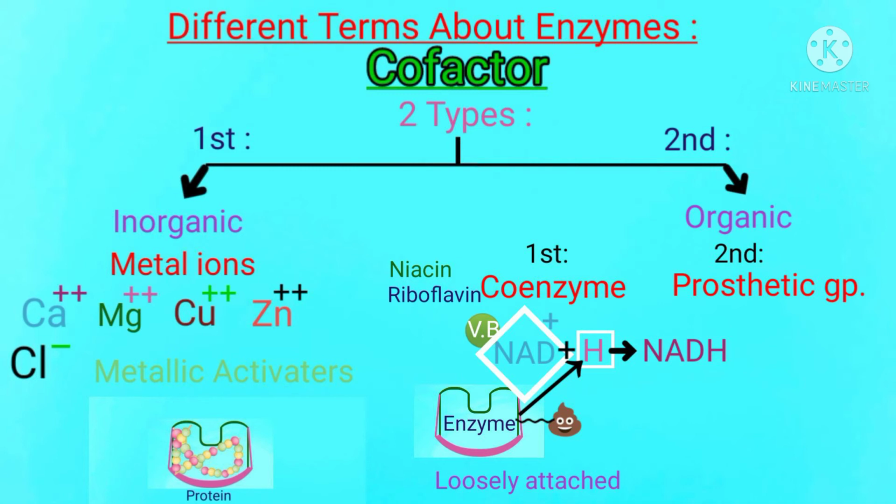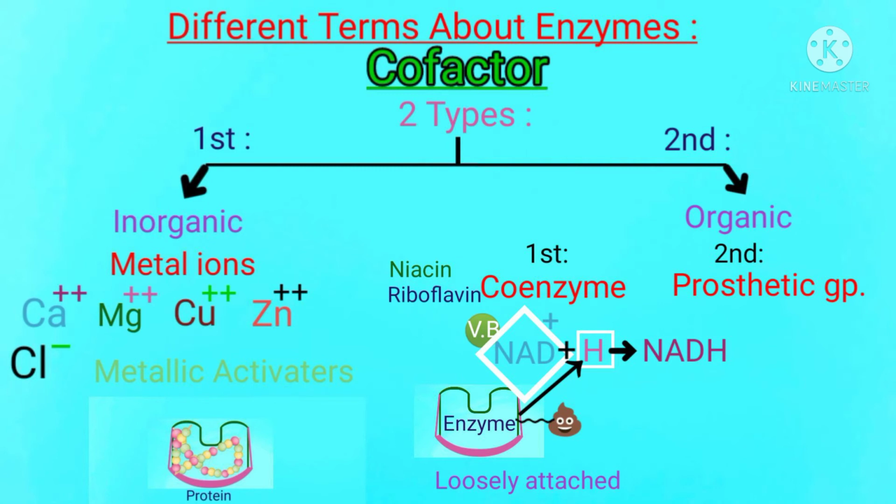Therefore, some vitamins of the vitamin B complex fall into the category of coenzymes. So during the annual examination, it can be asked what is the role of vitamins during enzyme function, or what is the job of vitamins during metabolism.